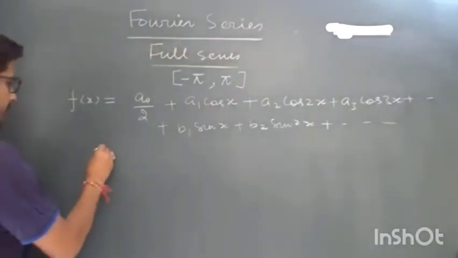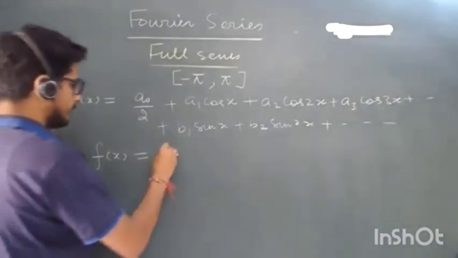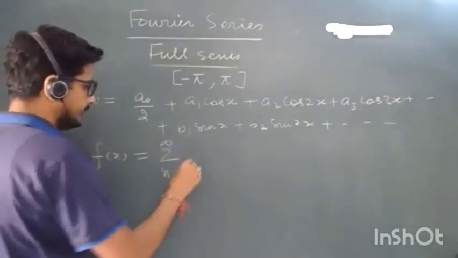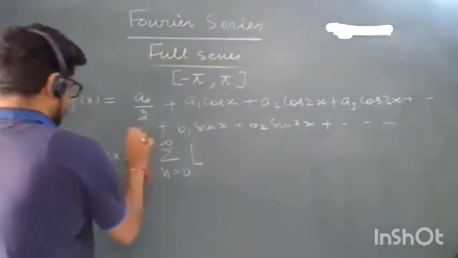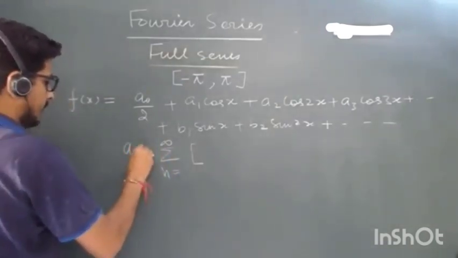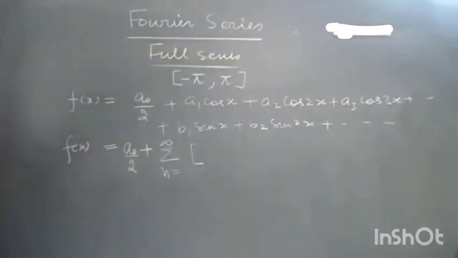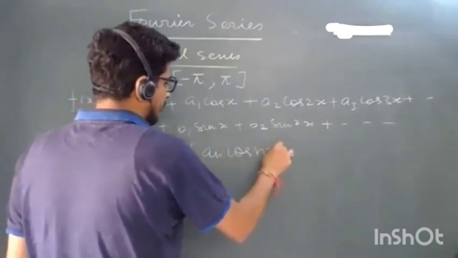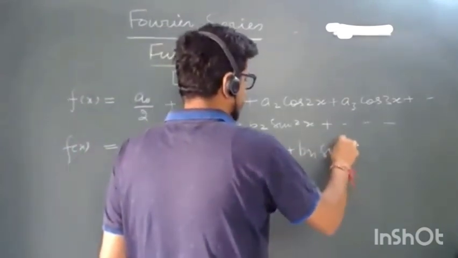So how will we write it in compact form? In compact form, f(x) will be equal to a naught by 2 plus summation n is equal to 1 to infinity of an cos nx plus bn sin nx.